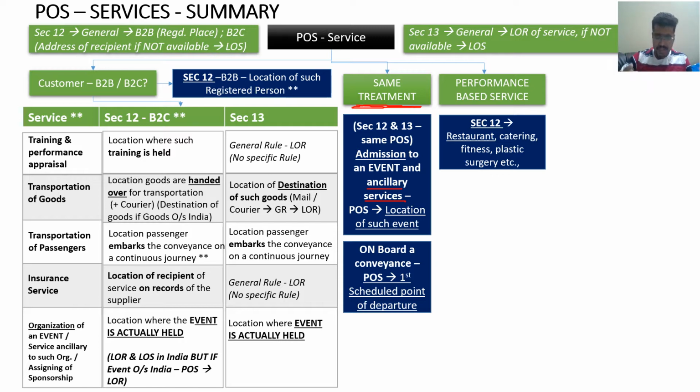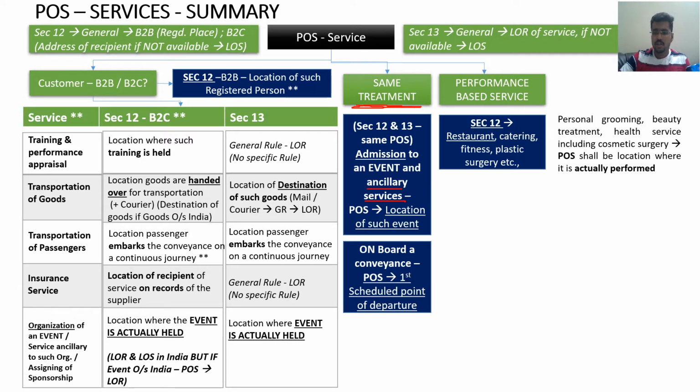It is restaurant, catering, fitness service, plastic surgery service, let's say other grooming services, all these services, the place where the service is performed, that will be the place of supply, right? So even the cosmetic surgery, all these grooming services, the place of supply shall be the location where it is actually performed.